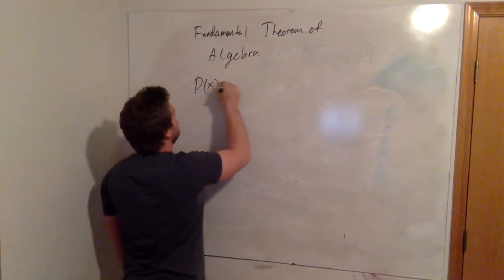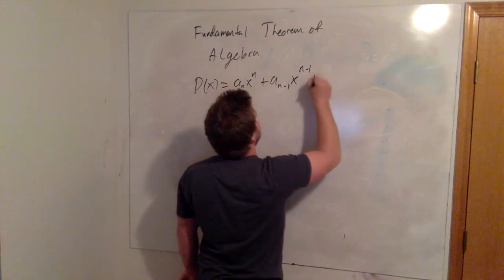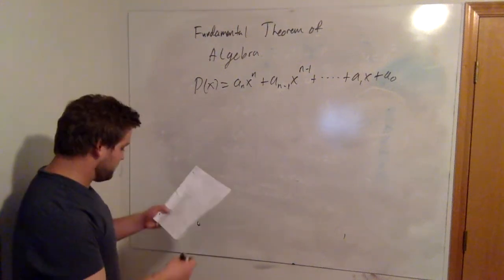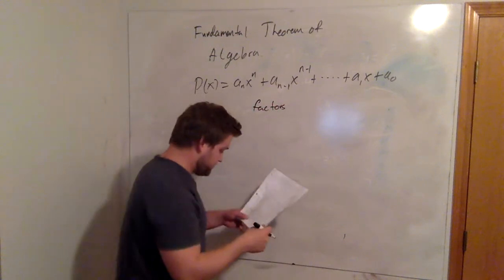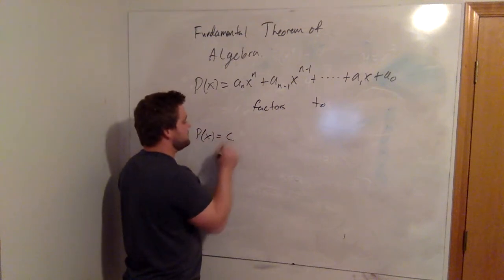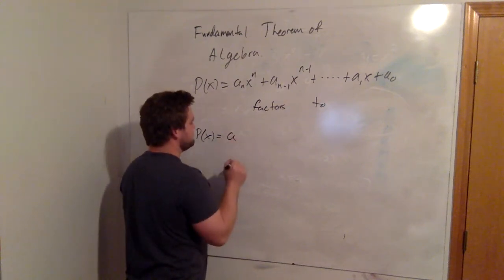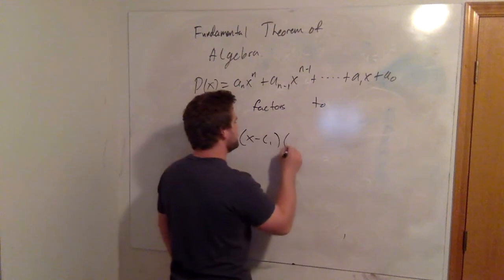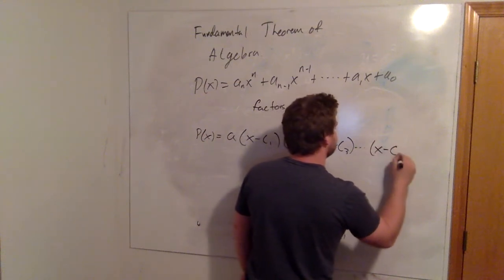If I have a polynomial p of x, which is a sub n x to the n, plus a sub n minus 1 times x to the n minus 1, plus and so on, plus a1 x, plus a naught, then it factors into a number out front, maybe a common factor, which I'll call a, times x minus c1, x minus c2, x minus c3, all the way to x minus cn.